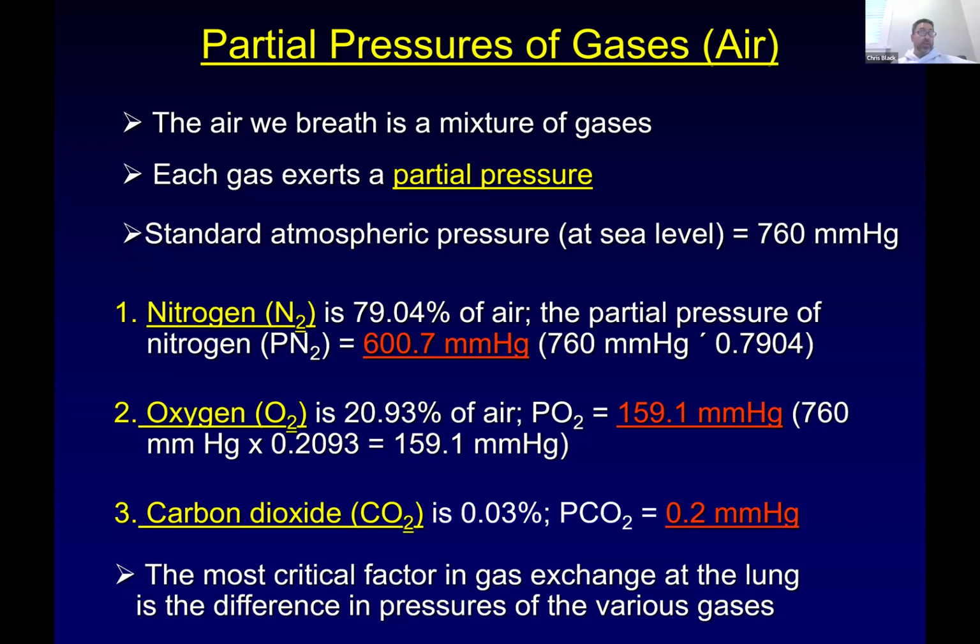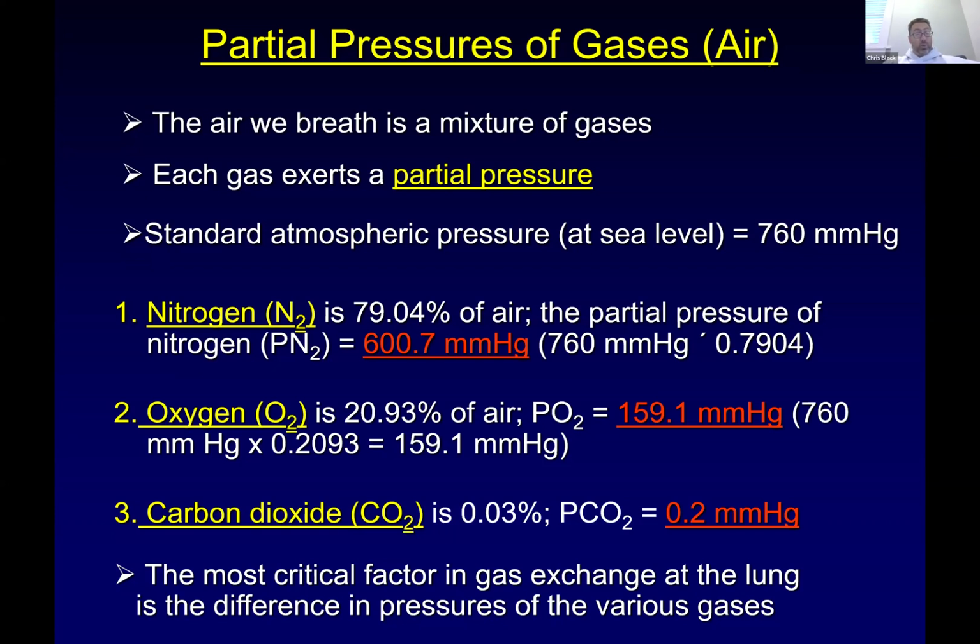What we see basically is that atmospheric air is 79% nitrogen. It's almost 21% O2. And then there's a tiny, tiny fraction of atmospheric air that is carbon dioxide. When we calculate partial pressures, you take air pressure, so you take 760 and multiply it by the percentage of the air that is made up of a particular gas.